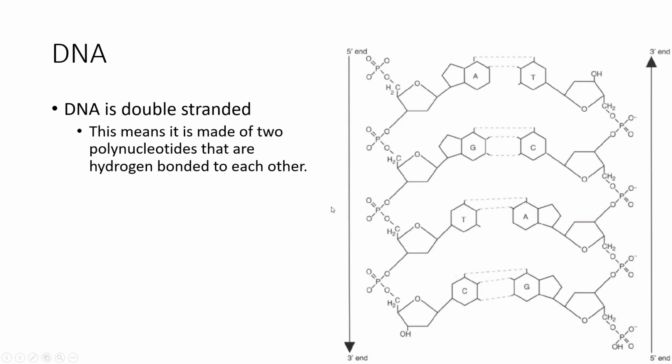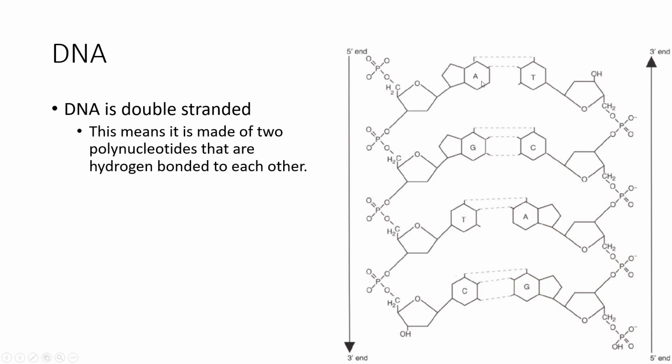Next. A whole DNA molecule is actually 2 polynucleotides that are hydrogen bonded to each other. So this is a polynucleotide, this is a polynucleotide. When you stretch them both together and bond them together with hydrogen bonds, that's how you get DNA. The double helix is 2 strands put together. When you put the 2 strands together, it's the nitrogenous bases that face each other.